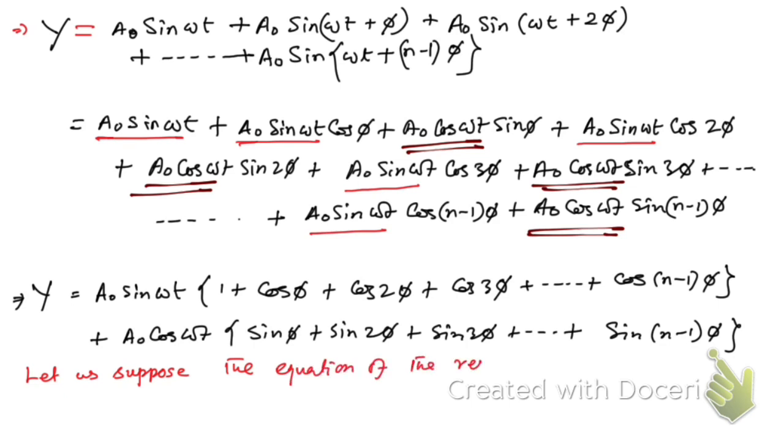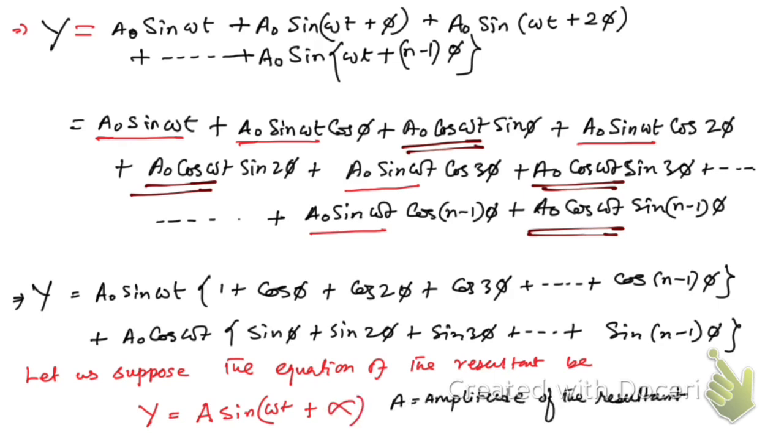Suppose y is equal to A, the resultant amplitude, sine omega t, and the epoch or initial phase of the resultant, suppose I take it as alpha. So A is the amplitude of the resultant, or you can simply say the resultant amplitude. Just write resultant amplitude here.